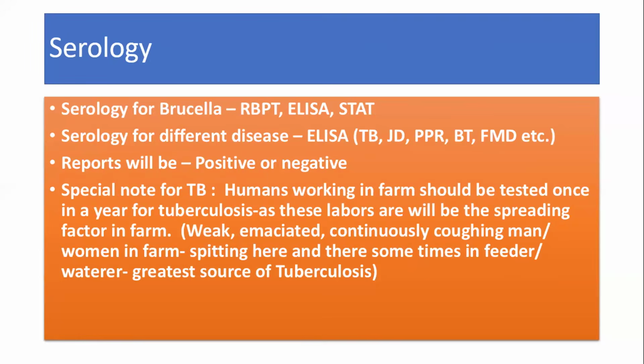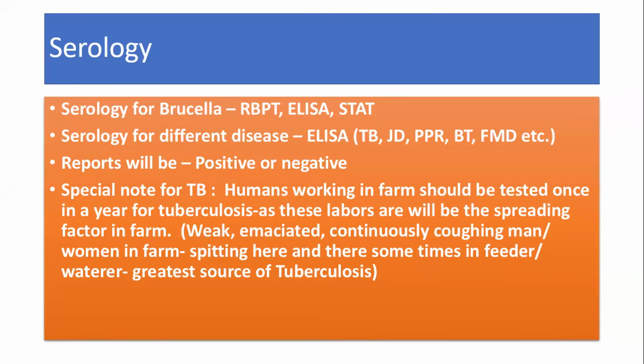I want to give a special note for tuberculosis because I have seen many cases of tuberculosis in sheep and goat. And whenever I go to a farm and observe it, I notice that the workers present in the farm are generally weak, emaciated, and have a tendency to cough continuously, maybe men or women, and they are spitting here and there in the farm.